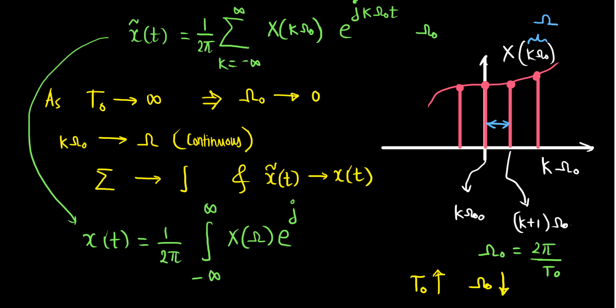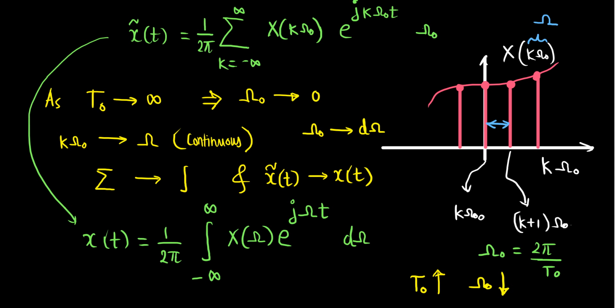e power j omega t times this omega naught. Now we know this omega naught is going to be very small, very less. That means this omega naught in the limit is going to be d omega, very small, d omega.